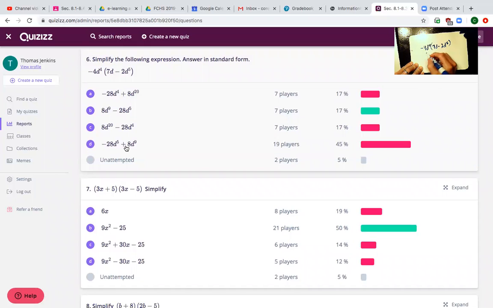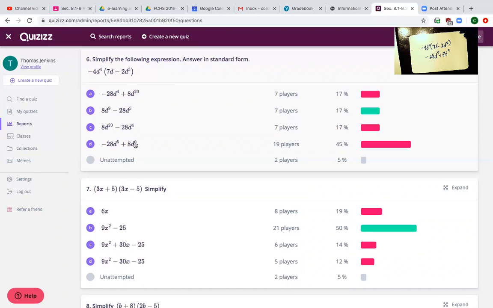So when I distribute, I get negative 28d to the 4 plus 1, which is 5. And then negative 4d times negative 2d to the 5th is plus 8d to the 9th, which you see looks exactly like answer choice D. The problem is, and why that's not correct, is because it says answer in standard form. So why is that not in standard form?